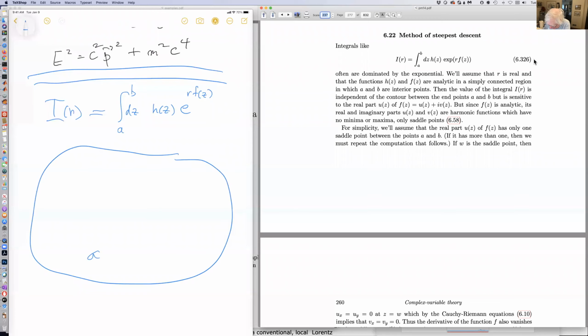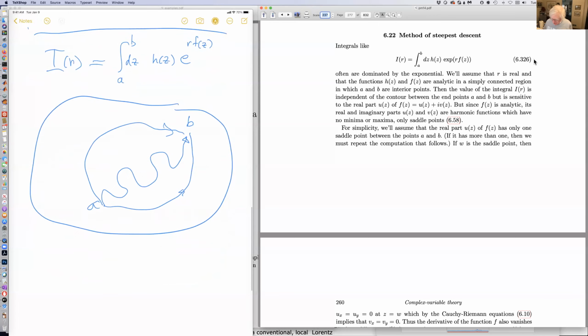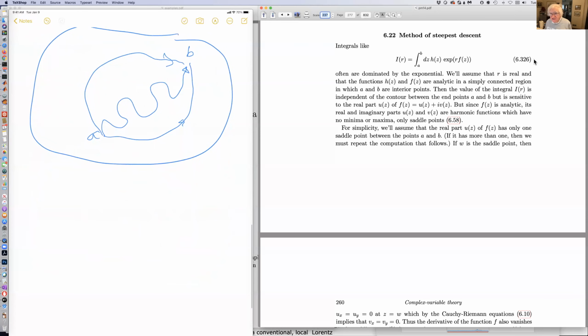We've got an A over here, B there, and so we can choose any contour we want, and whichever one we choose, including crazy ones that do this, the contour integral, all three of those contour integrals will be exactly the same. So the idea is to choose a contour integral that allows us to approximate this integral.